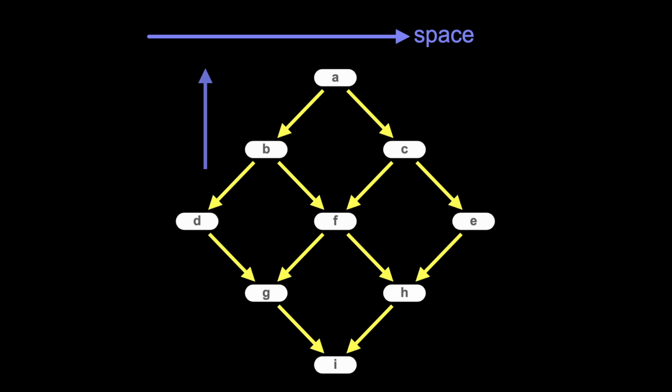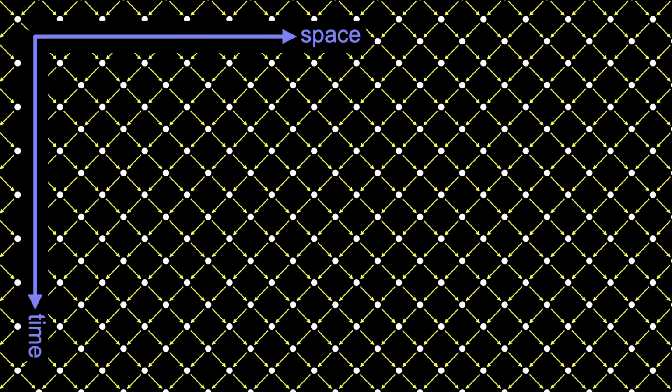So events nearer the top of the causal graph happen earlier in the evolution of the universe, and events nearer the bottom of the causal graph happen later in the evolution of the universe. So we can also add a time axis. So now we have a simple causal graph with the events laid out in space and time.